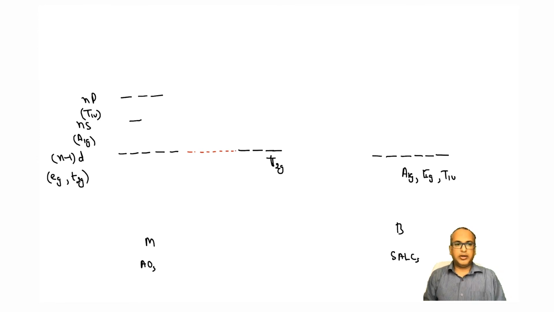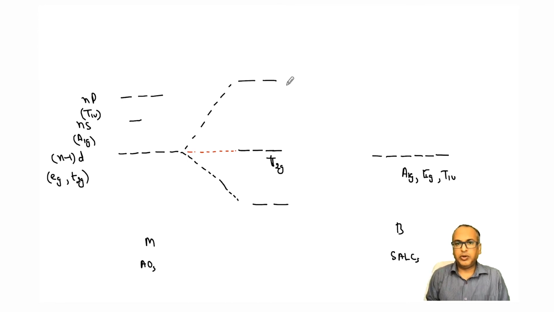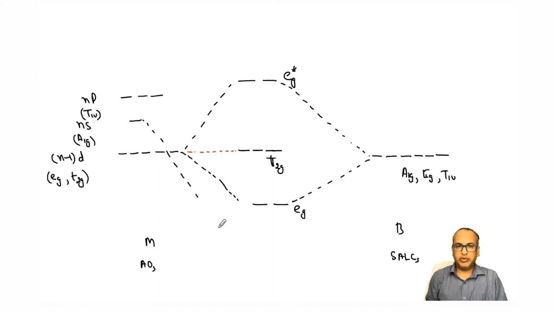Okay. All right. Now EG, there are 2 EGs here. So EG will match with EG and you will get 2 bonding and 2 anti-bonding. I will write EG here and EG star over here. Also this S will combine with one of these.